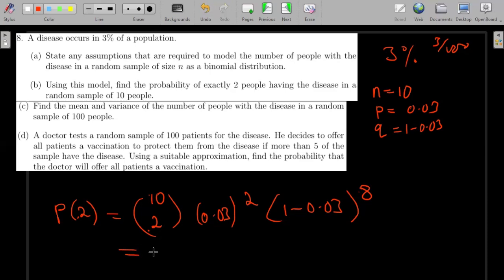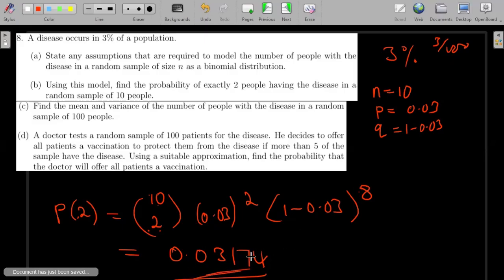So when I punch this, it's giving me 0.03174. So you just do 10 choose 2 multiplied by 0.03 to the power 2, and then you put this in brackets, 1 minus 0.03 to the power 8. So this is the answer we get on B.